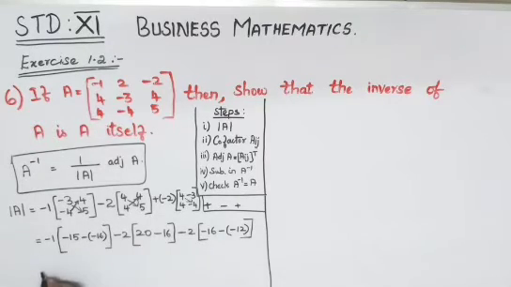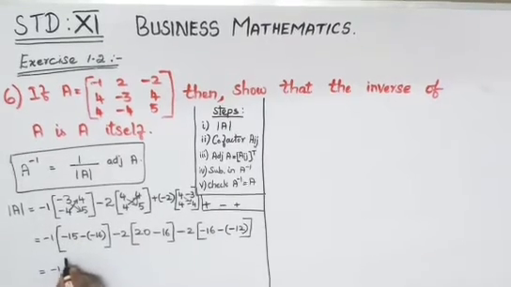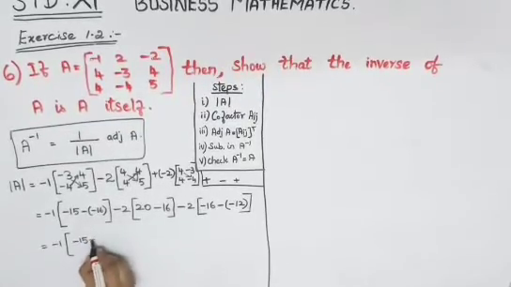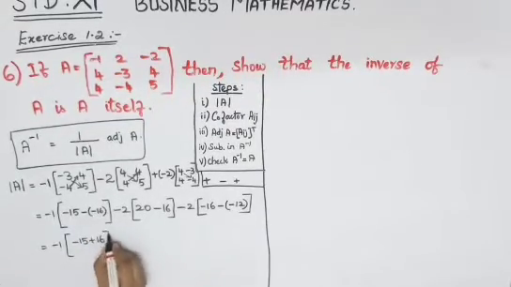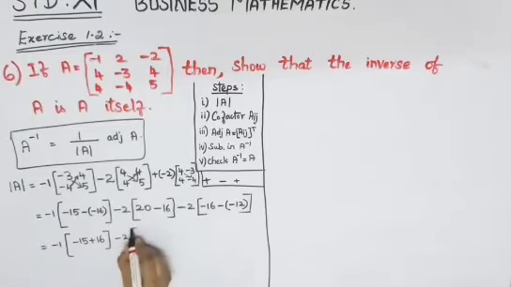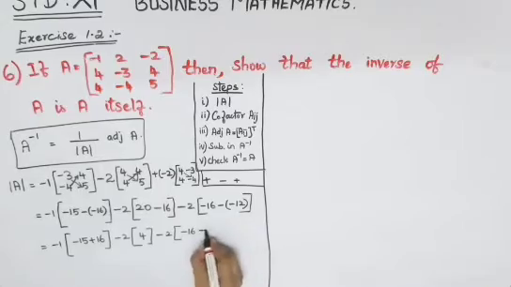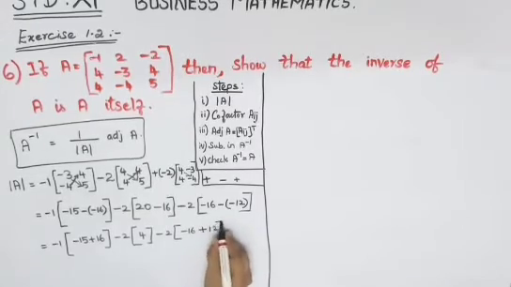Now the next step is minus 1 into minus 15, this minus into minus becomes plus 16. Then minus 2, you can straight away subtract: 20 minus 16 is 4. Then this minus 2 into minus 16, again minus into minus becomes plus 12.